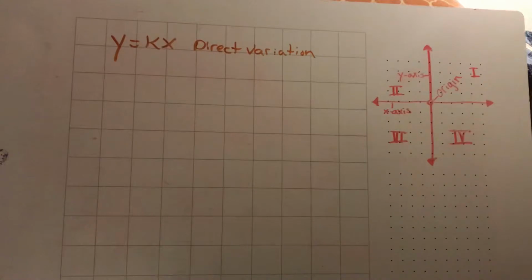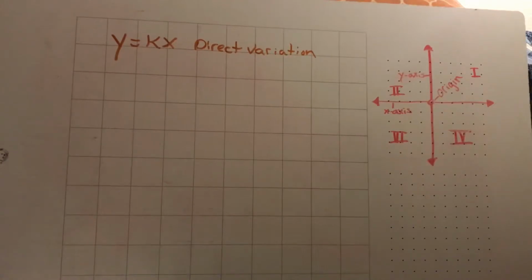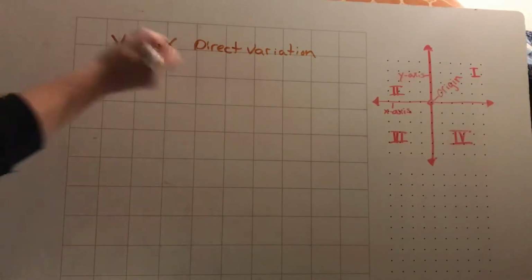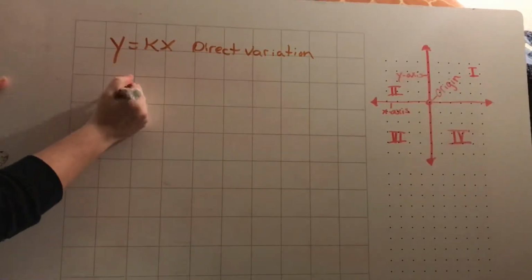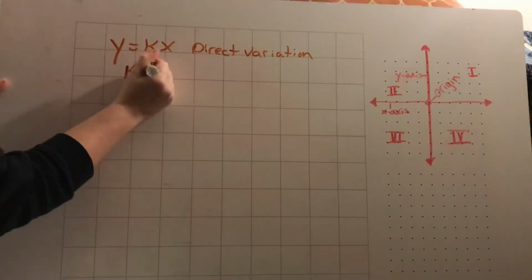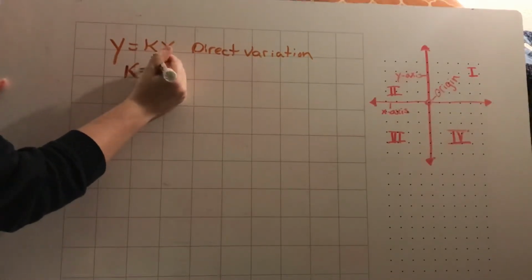And to write a direct variation equation for a set of data, substitute the values of y and x for k in y equals kx. So we're going to take this equation, we're going to write it like this.